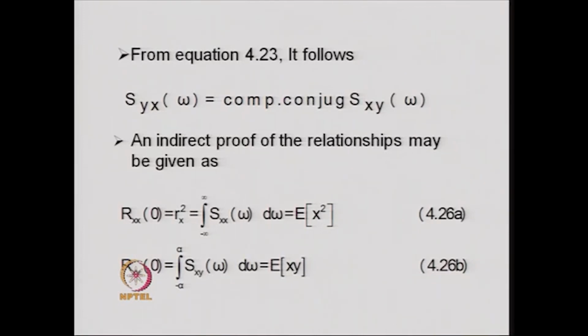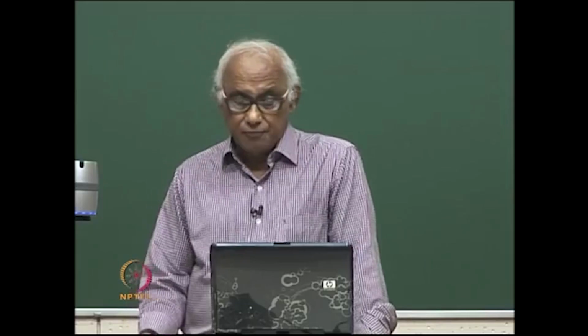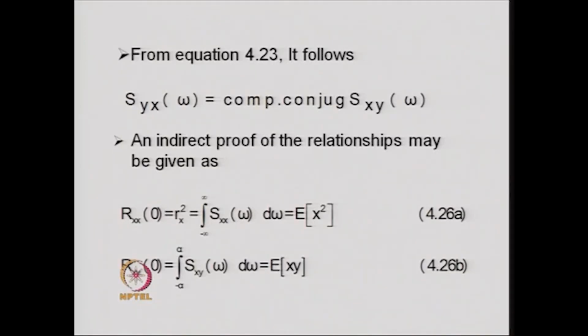An indirect proof to show that the power spectral density function and the autocorrelation function, and the cross power spectral density function and the cross correlation function, form the Fourier transform pair: we can use this indirect relationship that Rxx at tau equal to 0 is equal to the mean square value of the process.